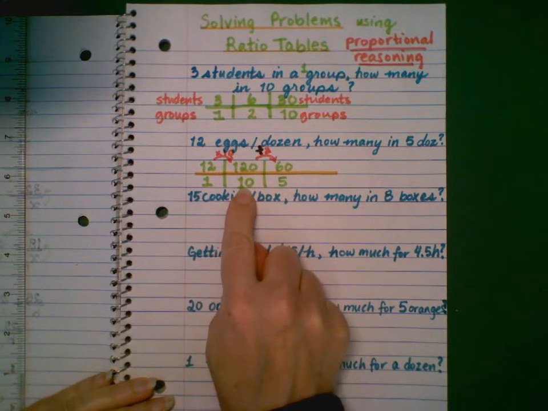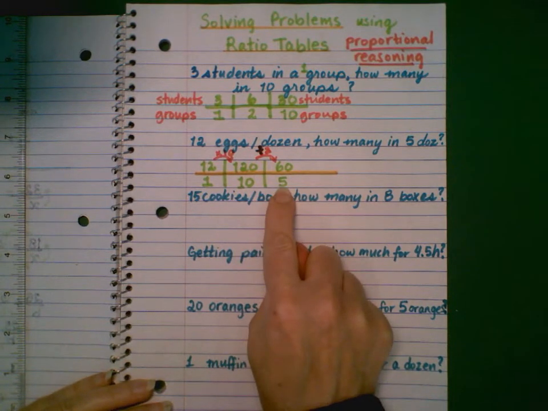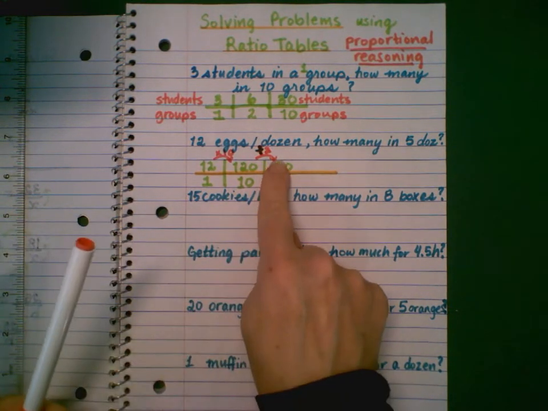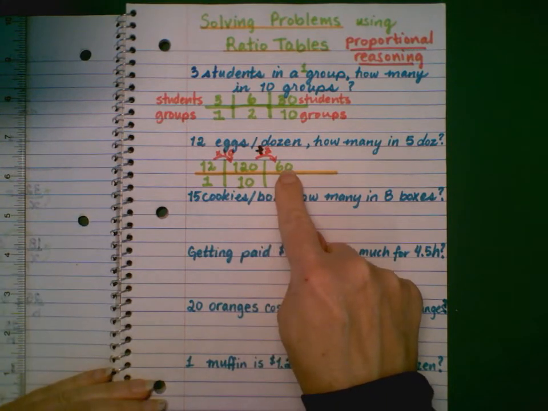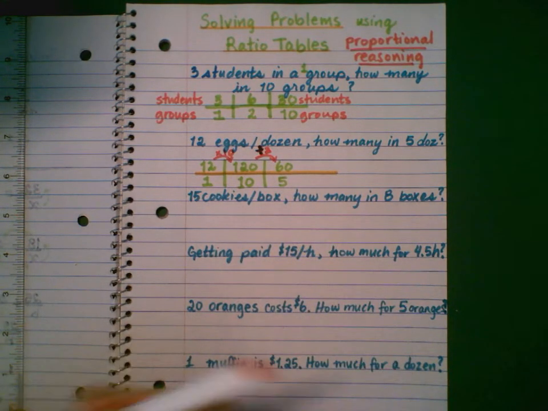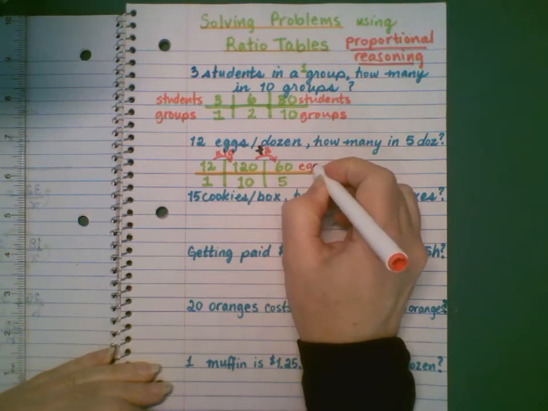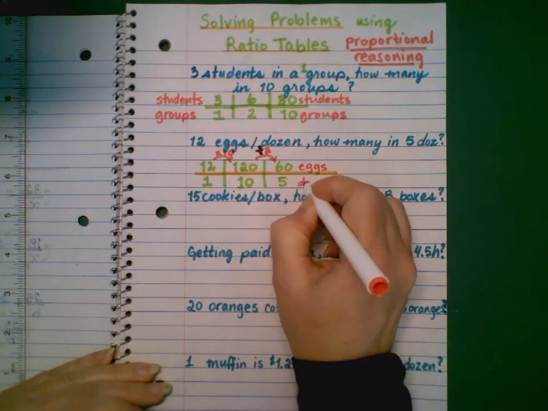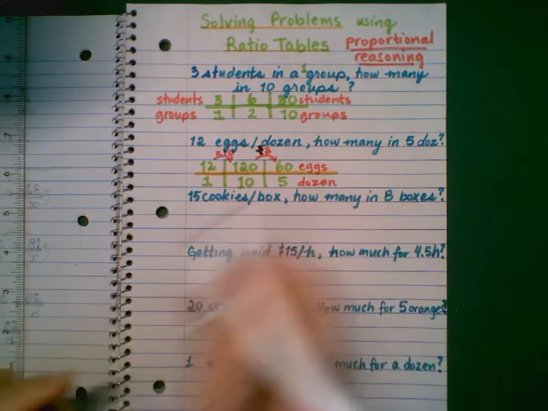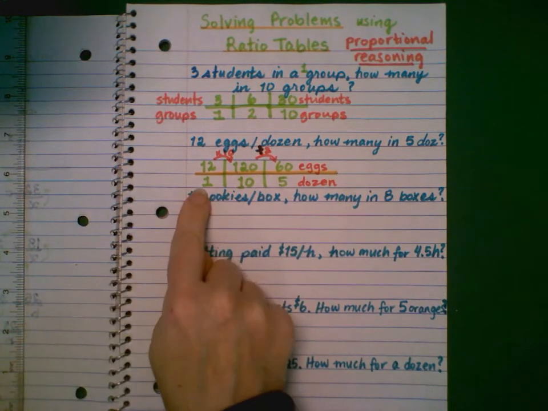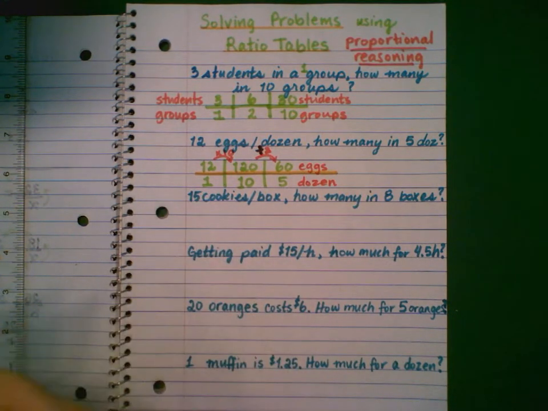So 1 times 10 is 10, 10 divided by 2 is 5. So the solution to this question is 60 eggs in 5 dozen. This is eggs and dozen. That's converting using a rate.